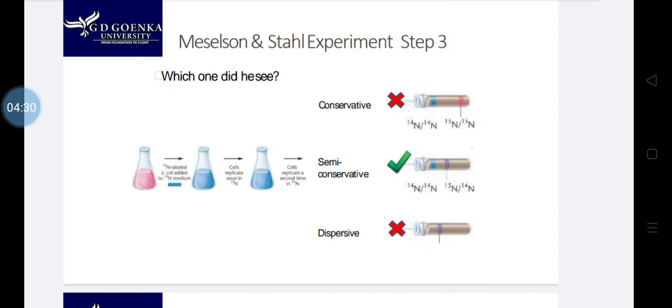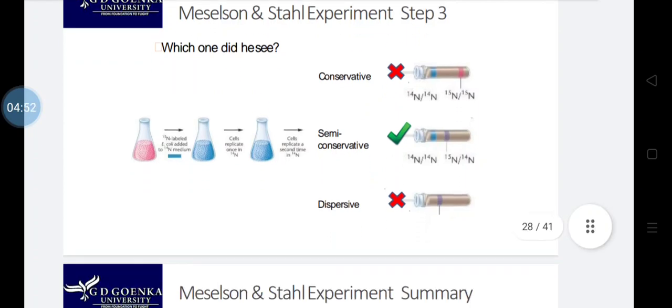So in the observation of the third step, we saw that the semi-conservative model was true, and conservative was rejected in the second step, and the dispersive model was rejected in the third step of the Meselson and Stahl experiment.